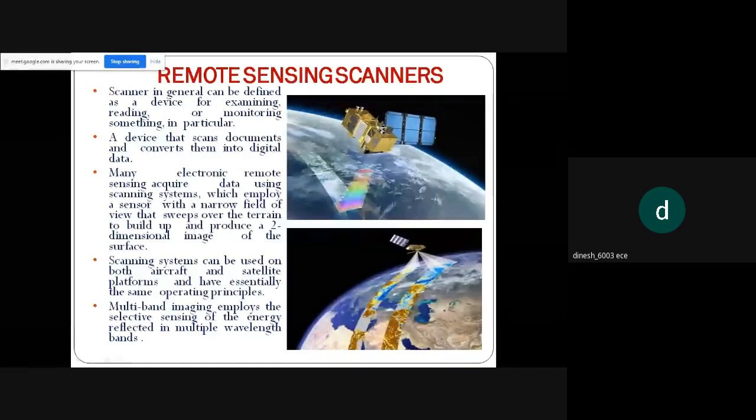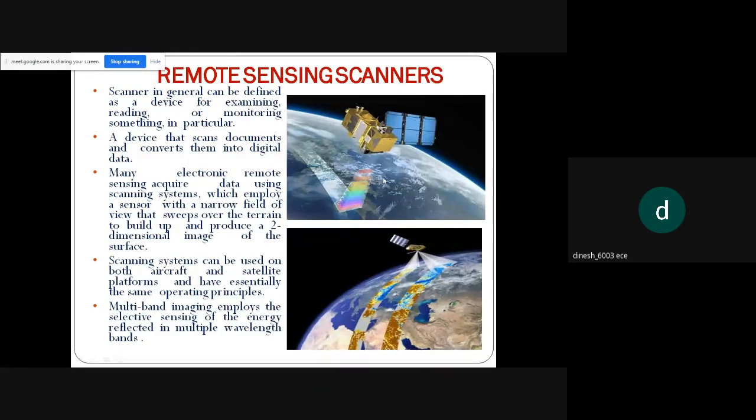A scanner is a device for examining, reading, or monitoring something in particular. You can see an example: a satellite is present, revolving around the Earth, where the Earth is rotating on its own axis. You can see a scanner is also moving, and it is monitoring the same region.